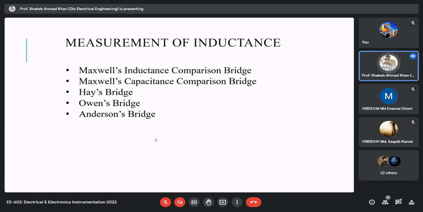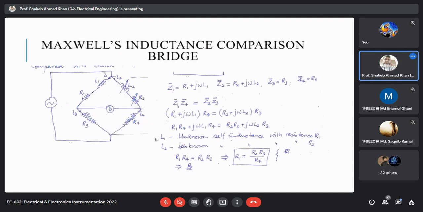So we'll discuss everything, starting with the Maxwell's inductance comparison bridge. All these bridges are good for measurement of inductance.